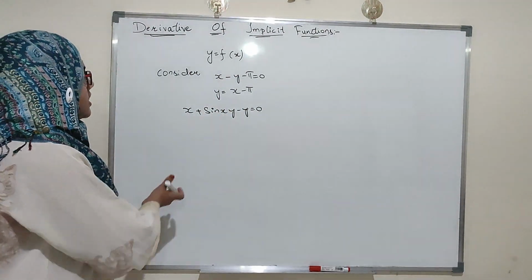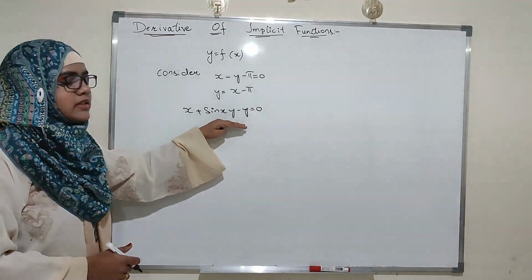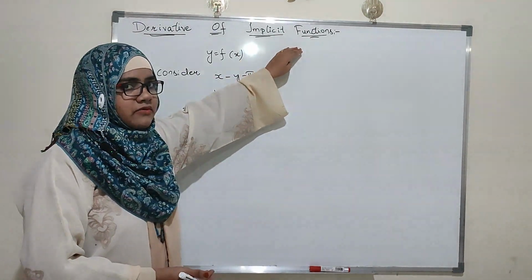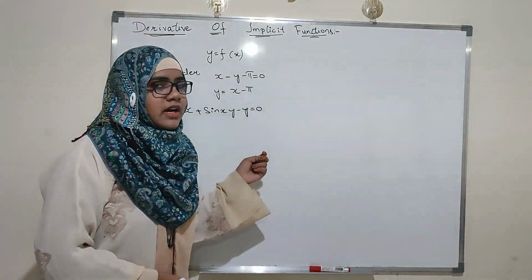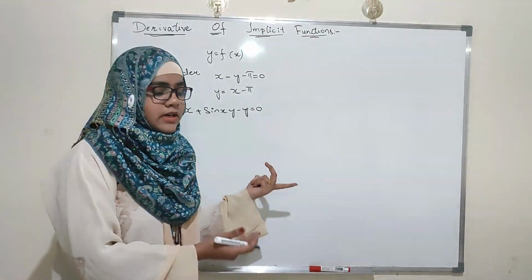So how do we differentiate such a function? In today's class we will discuss this. This function is known as an implicit function. Now I will show you some examples, then you will understand how to differentiate such functions.